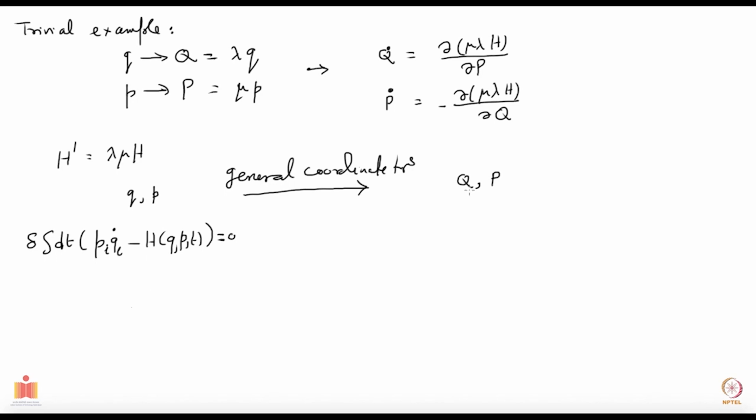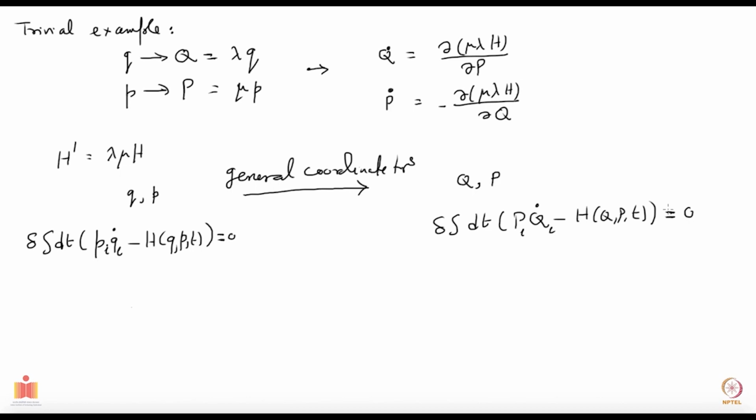And similarly here, because I'm already saying that my equations of motion will be in the canonical form, it means that if I start with this action and look at the variations and equate them to 0, these stationary curves are going to give you the equations of motion.